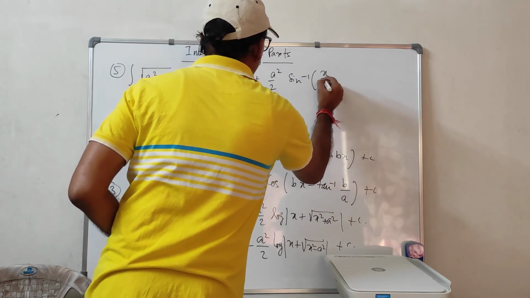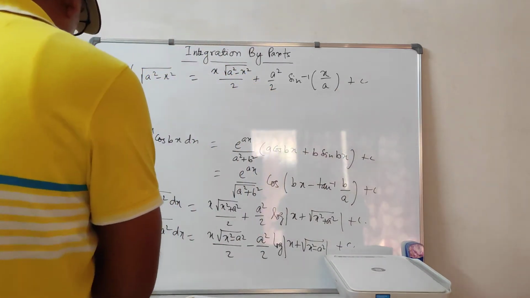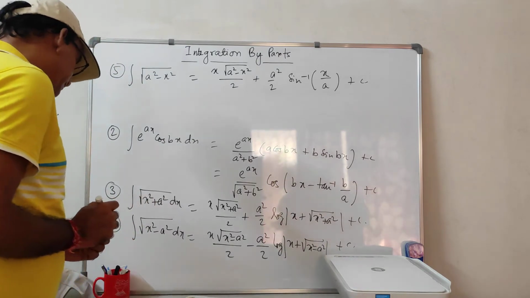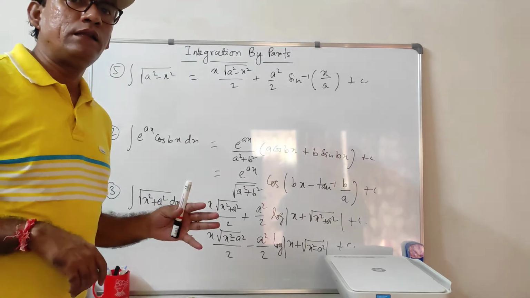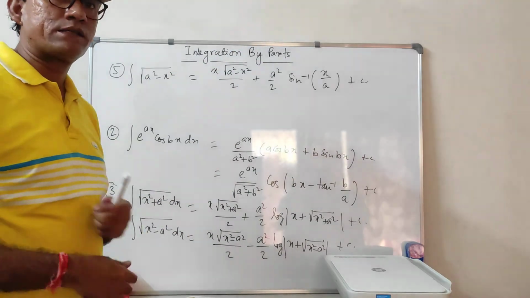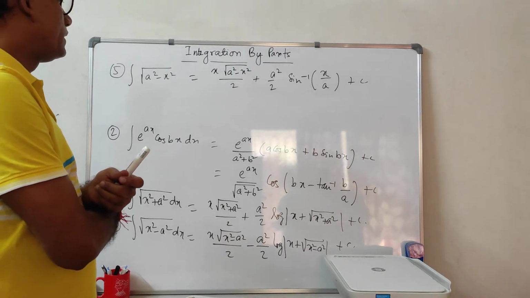So this is the last or second term. These are all 5 formulas we generally see in the chapter of integration by parts.